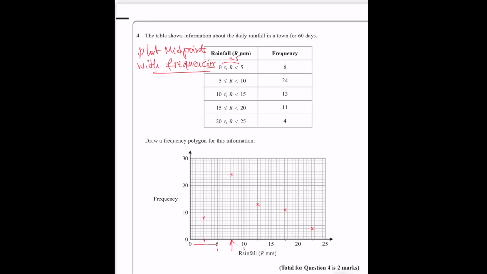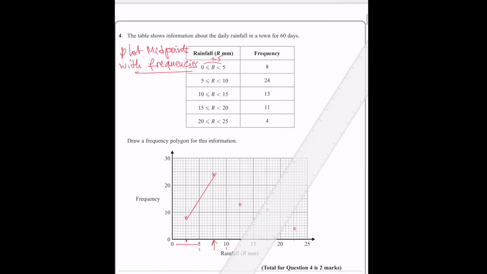Okay, and what next? Next is you have to join the points using a ruler. So I will show you an example how to do it using a ruler. It's not very easy, but I will try. So you do this, then yeah.